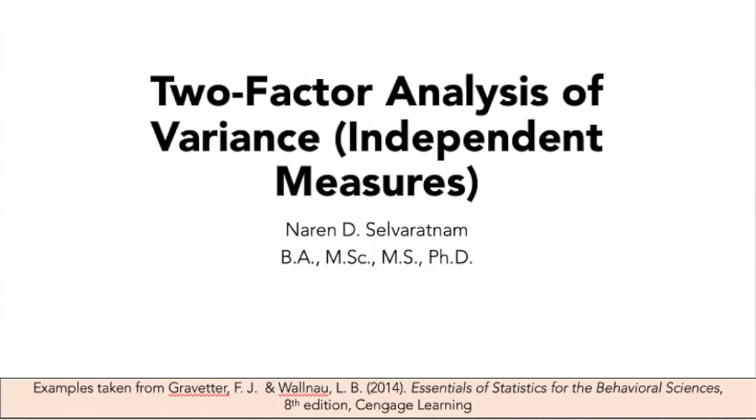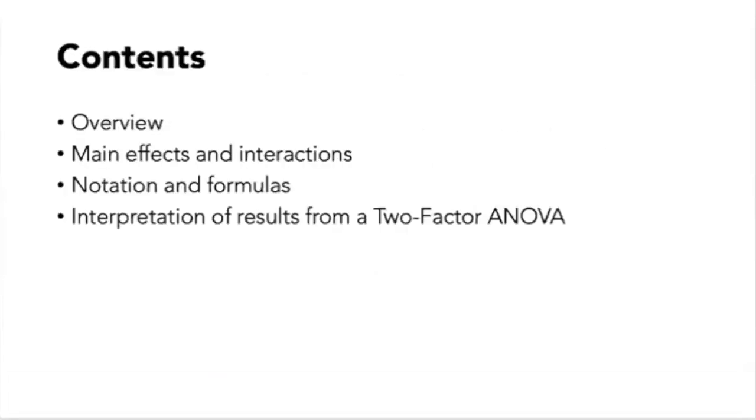So two-way ANOVA, so two-factor analysis of variance. So once again, this is independent measures. Now, what are we going to discuss? First, we are going to have some discussion about the basics of two-factor ANOVA or a two-way ANOVA, and then we'll have an in-depth discussion about main effects and interactions, how to identify main effects and interactions, and what kind of preliminary things need to be ensured if we are to go ahead and assess something like that, and also what kind of hypotheses are required in this kind of an endeavor.